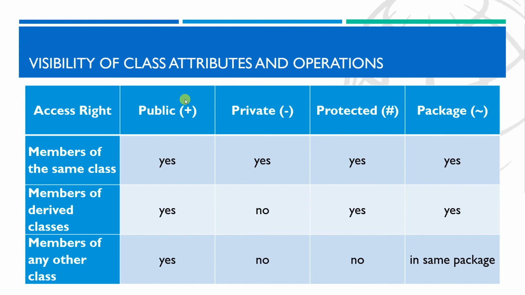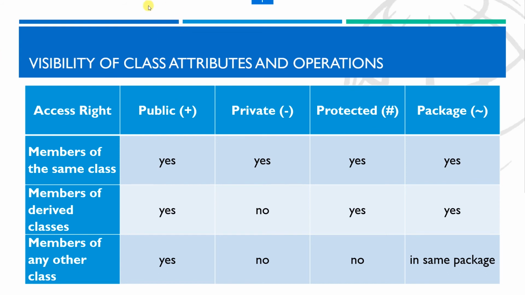But it depends on what kind of visibility you use in an attribute or in an operation, and on where you are trying to access this attribute or method. And in the table you can see how the access rights are applied for each one.